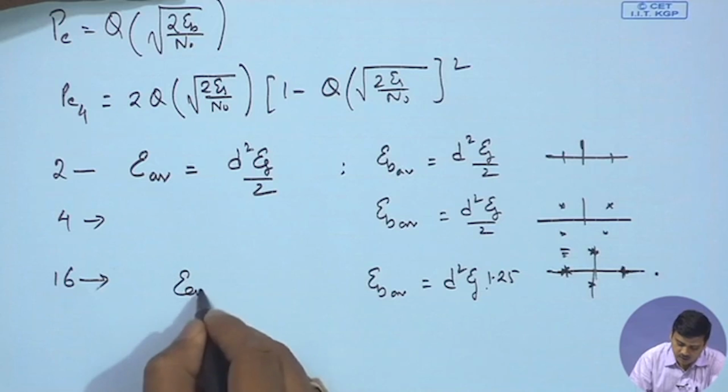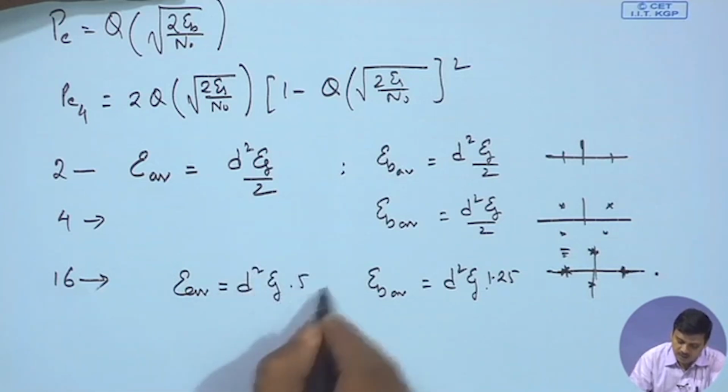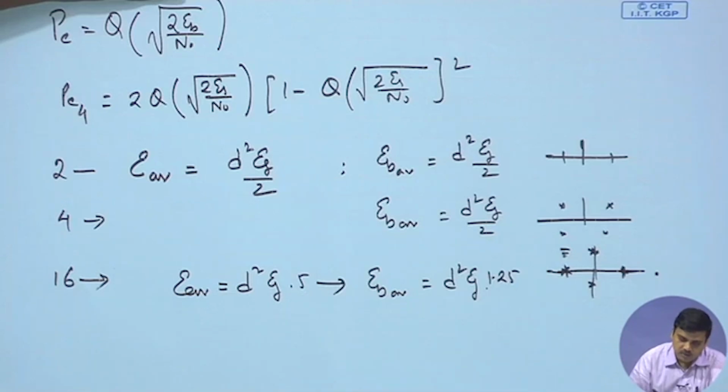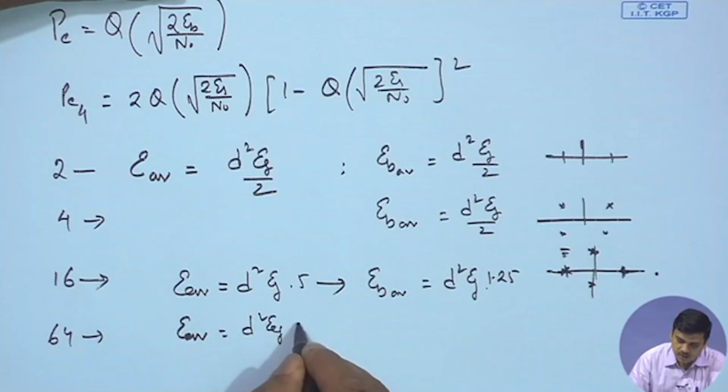So, E_av you can compute to be d squared E_g times 5, and when it is the 64 constellation, 64 QAM, you are going to get E_av. We did the calculation of E_av for M-ary QAM would be d squared E_g with 63 upon 3.